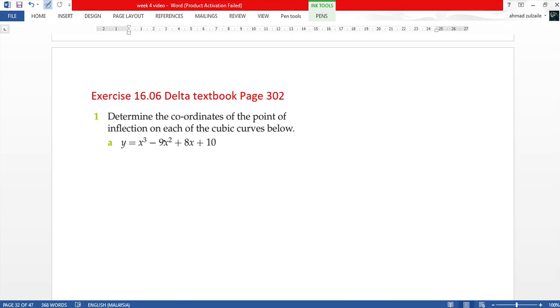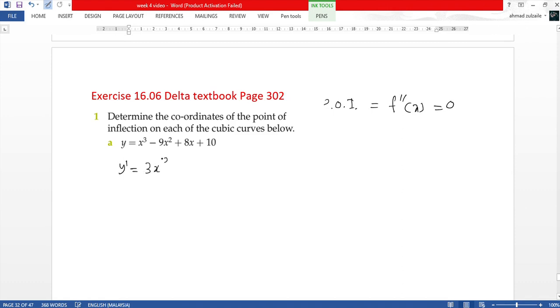The question: determine the coordinate of the point of inflection in each of the cubic curves below. So kita tahu yang point of inflection for the second derivative test, they will give us 0. So for this question, you have to differentiate 2 times.